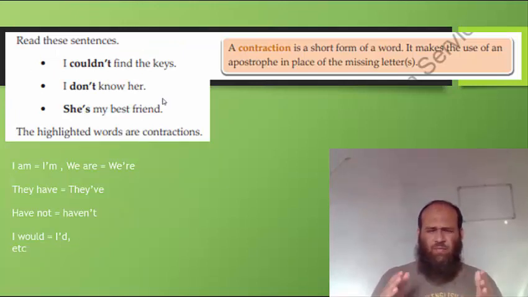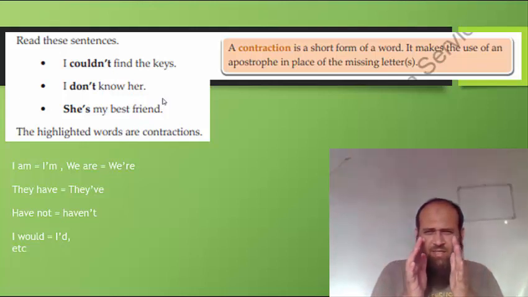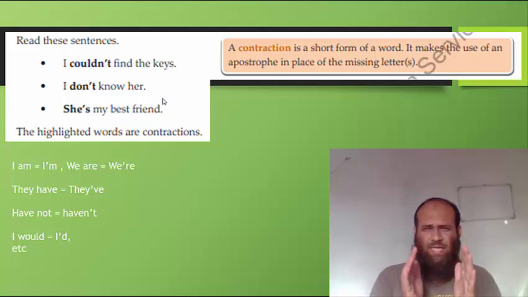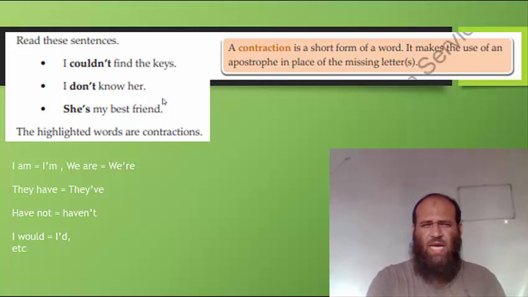Contraction means whenever you compress and save some space, that is contracting. A contraction is a short form of a word. It makes the use of an apostrophe in place of the missing letter or letters. जैसे कि I could not becomes I couldn't find the keys.